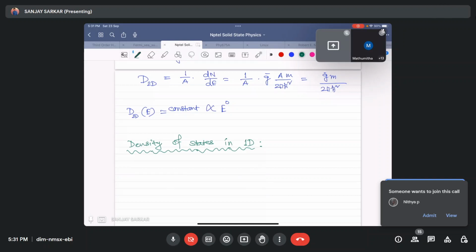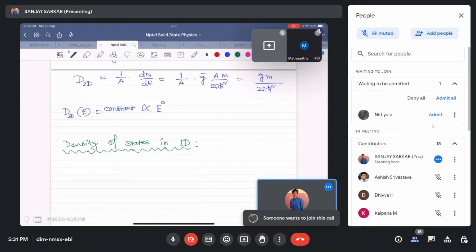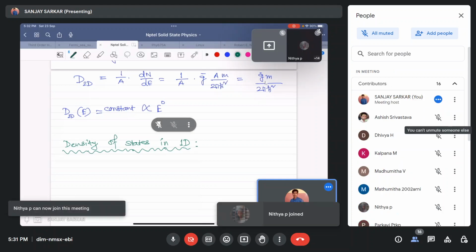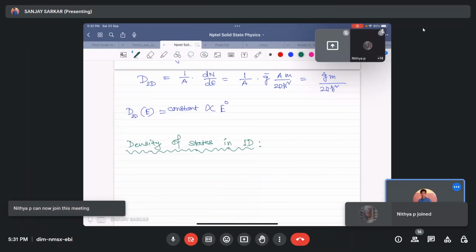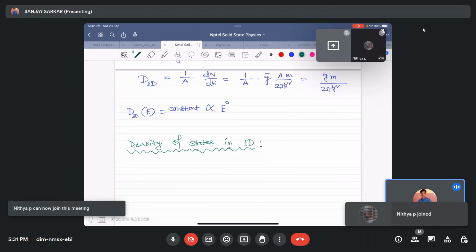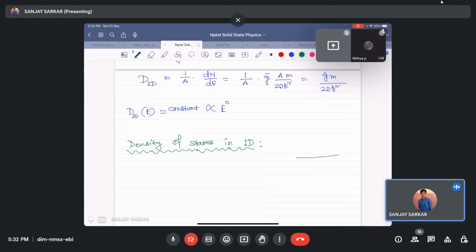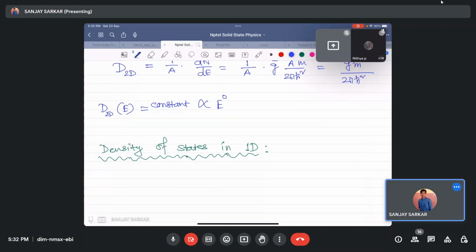So for a 1D system, the number of modes enclosed by the range, we'll consider length from minus k to plus k. Let's say in between it is 0, from minus k to plus k.